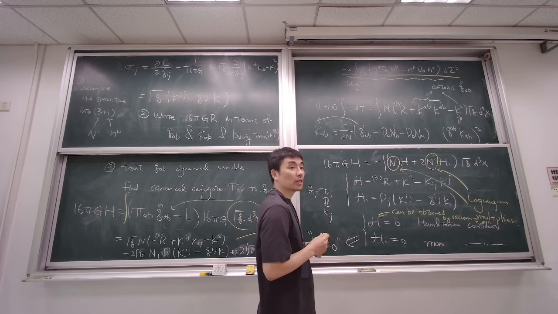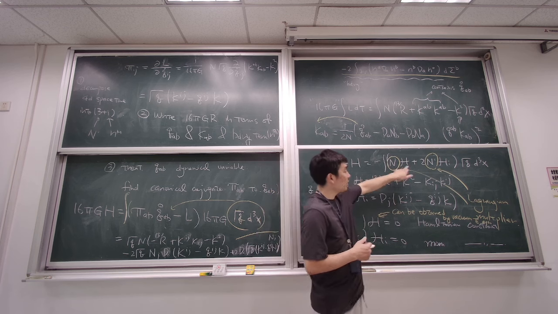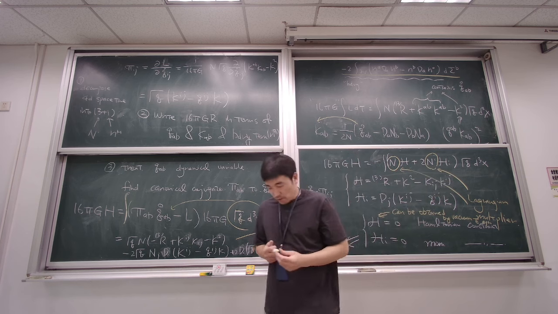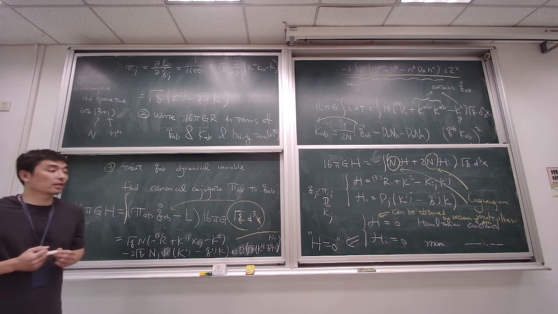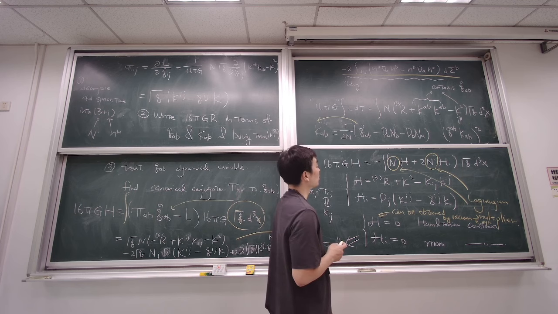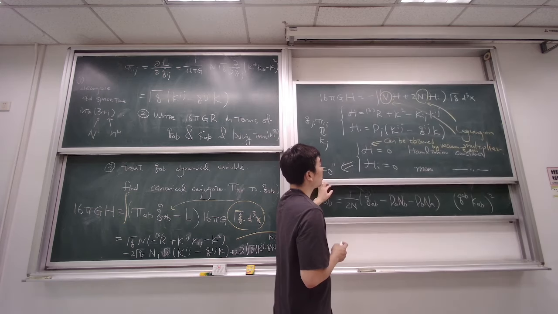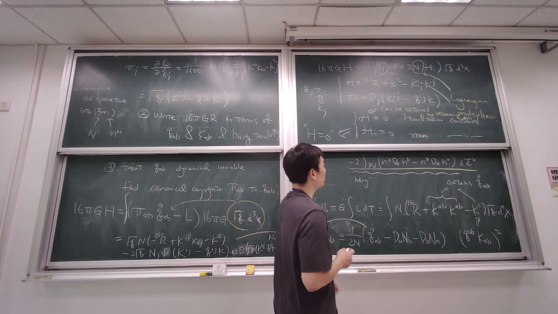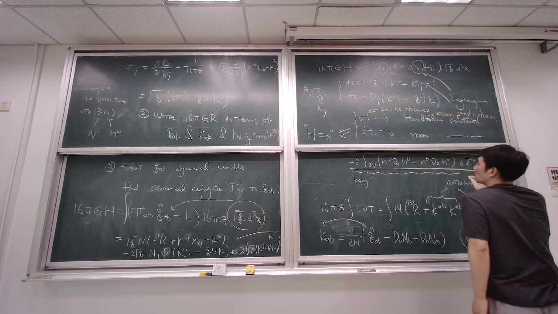But if you use this Hamiltonian, it is automatically 0, because N and N^i give you the Hamiltonian and momentum constraints, and that will automatically give you Hamiltonian equal to 0. But as I mentioned, what's wrong is that we just ignored the boundary term. So this term is important.